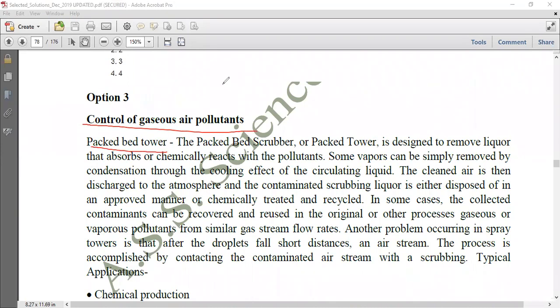The packed bed tower, the packed bed scrubber or packed tower, is designed to remove pollutants using liquor that absorbs or chemically reacts with the pollutant. Some vapor can be simply removed through the cooling effect of the circulating liquid. The clean air is then discharged to the atmosphere, and the contaminated scrubbing liquor is either disposed of in an improved manner or chemically treated and recycled.